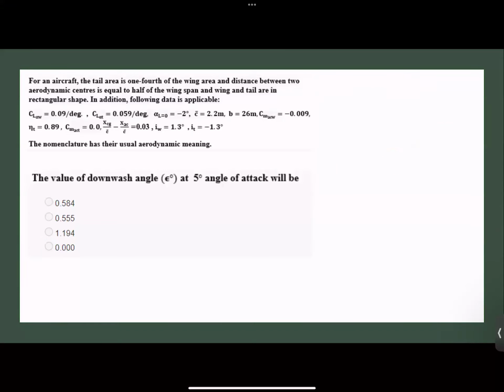So we do need a tail to give the restoring moment. Right. Next is the value of downwash angle epsilon naught at 5-degree angle of attack. Try to solve this. The formula for epsilon naught is this. We can try finding both epsilon naught and the slope.